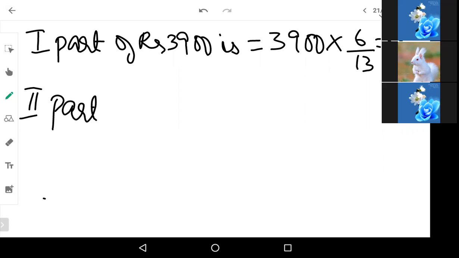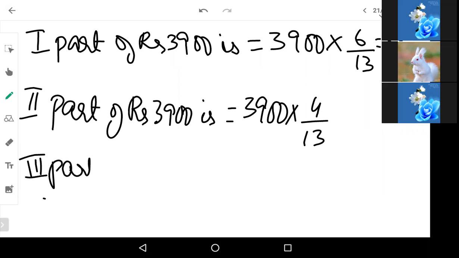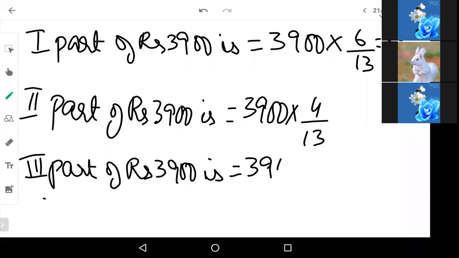The second part of rupees 3,900 is 3,900 into, the second ratio is 4 by 13. Similarly, the third part of rupees 3,900 is 3,900 into 3 by 13.